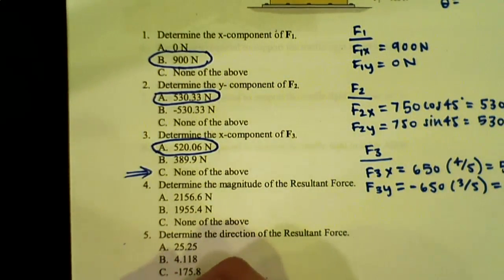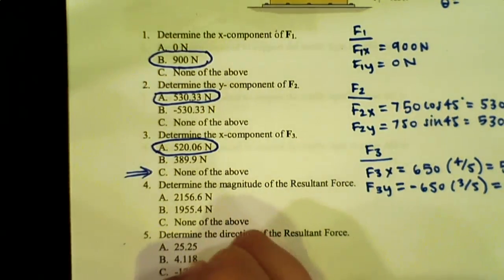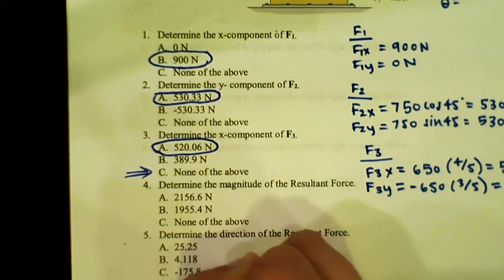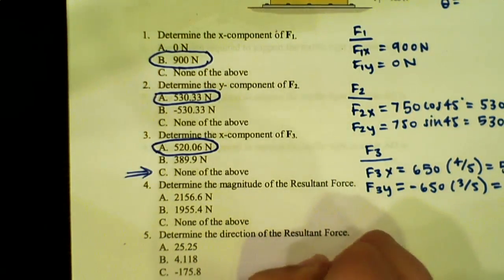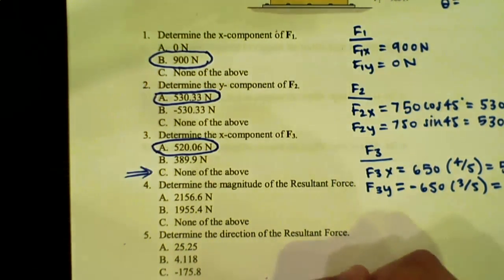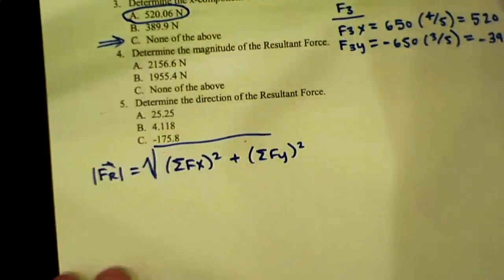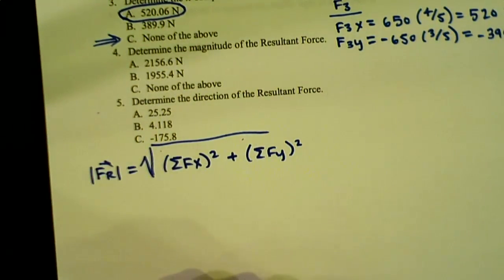So for determining the resultant force, we'll use our equation that we got earlier, which is just the square root of the sum of our Fx squared plus the sum of our Fy squared. Sorry, I'm used to this showing the entire piece of paper.